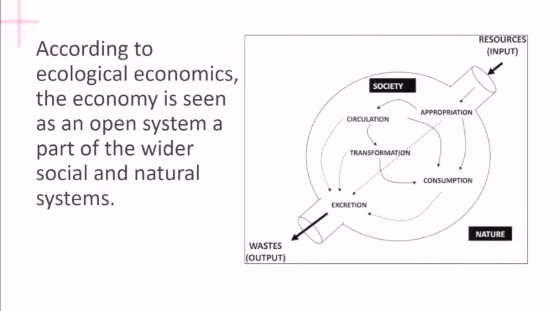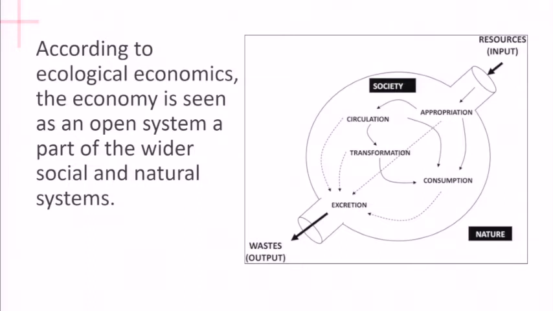As we have already noted, ecological economics deals with embedded interactions between the economy, the society, and the environment, keeping sustainability at the forefront. According to ecological economics, the economy is seen as an open system, as part of a wider social and natural system.